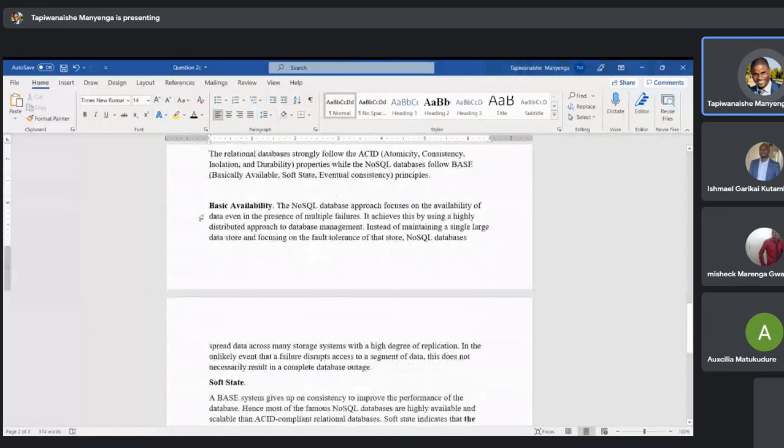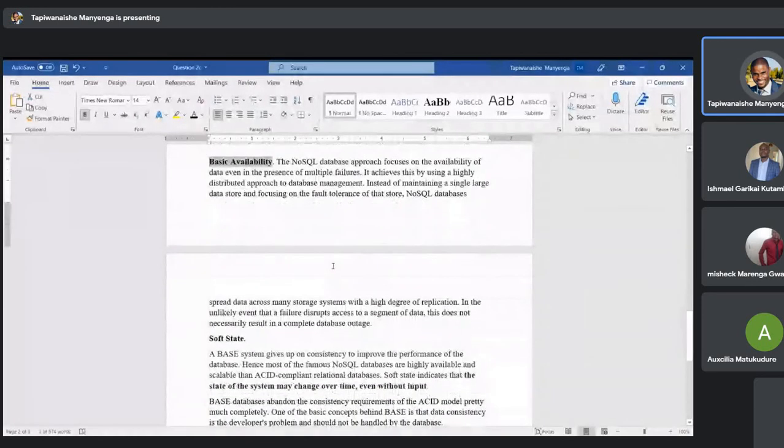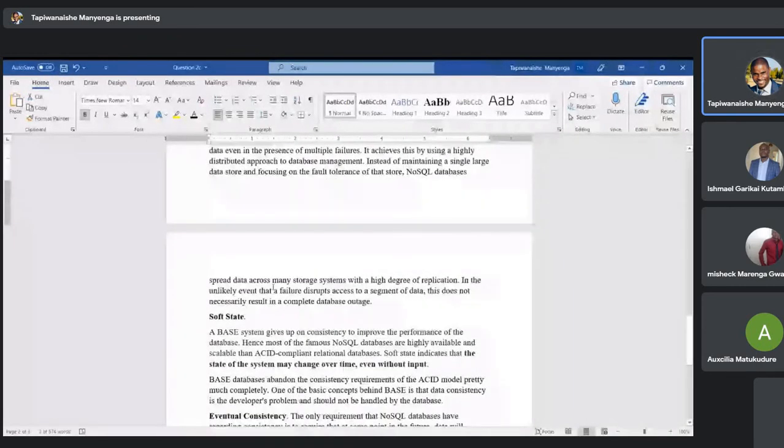So basic availability means that the NoSQL database approach focuses on the availability of data, even in the presence of multiple failures. It achieves this by using a highly distributed approach to database management. So instead of maintaining a single large data store and focusing on the fault tolerance of that store, NoSQL databases spread data across many storage systems.